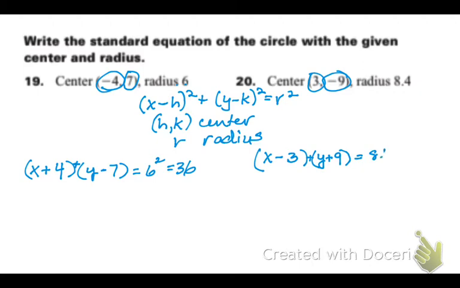Radius equals 8.4 squared. Oop, nope, I was looking at the wrong one, sorry. Thought that looked goofy. Okay, and this is equal to 70.56. Okay, so those are pretty easy, just plug and play.